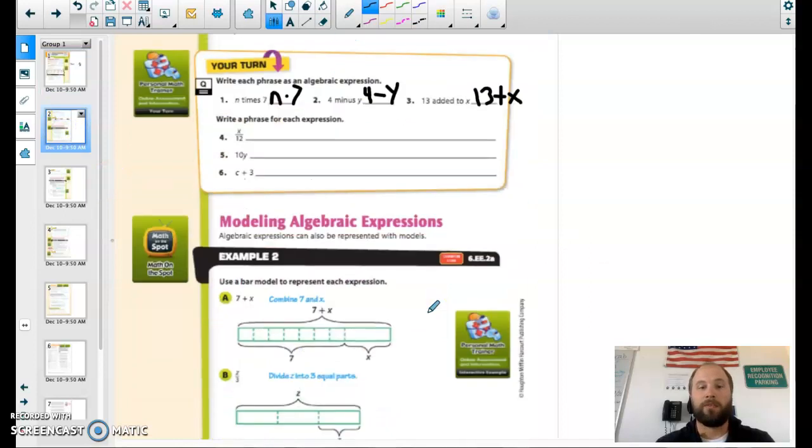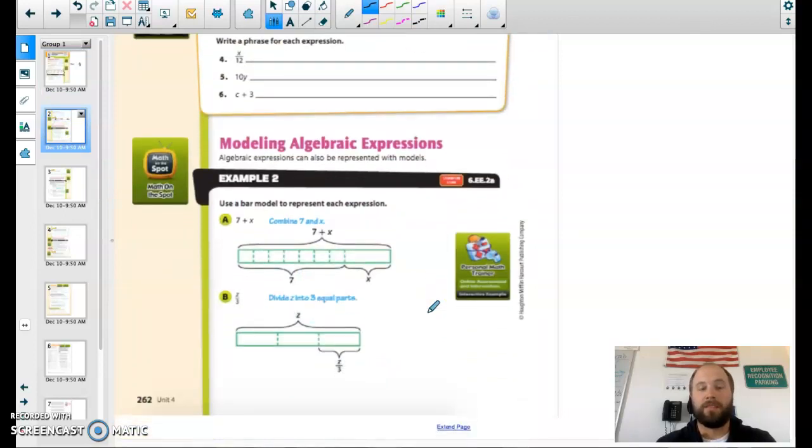Now we're moving on to modeling expressions. Modeling expressions is just a tool. If it's one of those things you don't quite understand, that's okay. It's just another thing to help you. If we use this bar model to represent the expression 7 plus x, we have 1, 2, 3, 4, 5, 6, 7 boxes to represent our constant, 7, and then one big box to represent our variable, x.